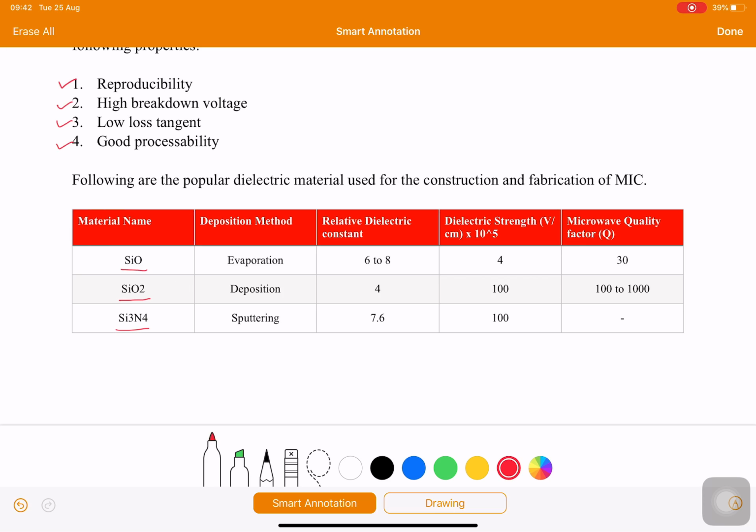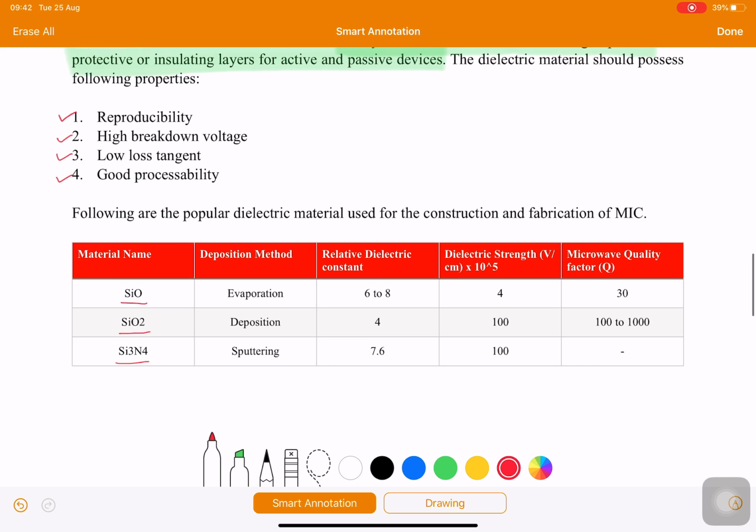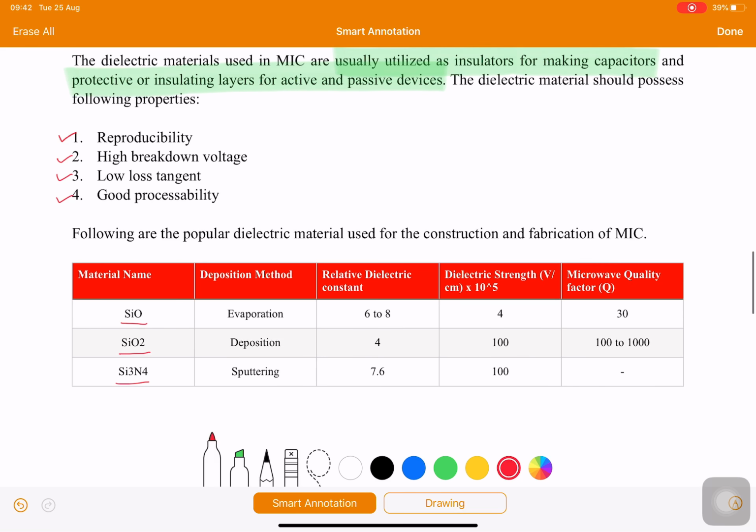The deposition method is also mentioned over here, that is, how these dielectric materials are implanted in the integrated circuit. The deposition of this dielectric material over the integrated circuit can be performed by evaporation process, by simple deposition process, or by making use of sputtering.